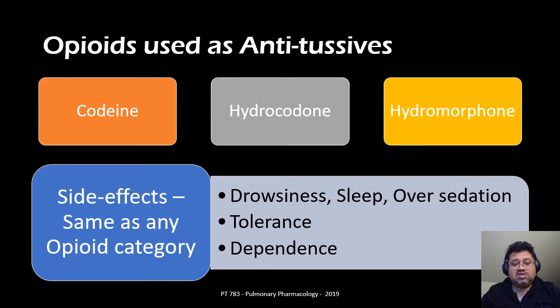The side effects of any of these drugs are the same as any other opioid category because opioids affect the opioid receptors in the brain. And in doing so, it induces drowsiness, sleep, oversedation. It also causes tolerance, which means over time more and more of these drugs are needed, and eventually dependence, which means without these, the body cannot function.